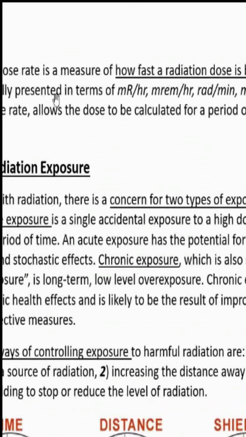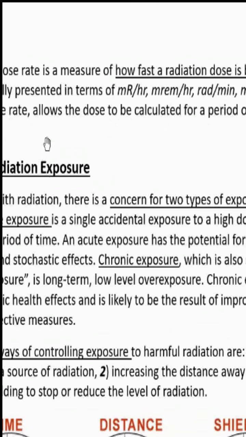Dose rate is usually presented in terms of milliroentgen per hour, millirem per hour, rad, that is radiation absorbed dose, per minute, or milligray per second, etc. Because it is related to time, all the radiation doses are expressed per time, either in hour, minute or second. Knowing the dose rate allows the dose to be calculated for a period of time, right?